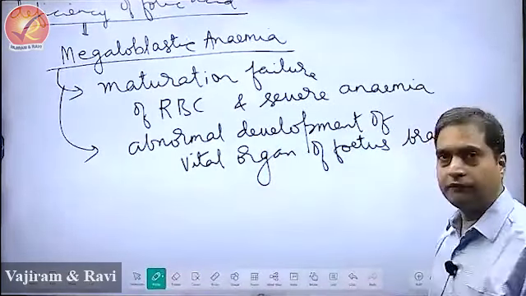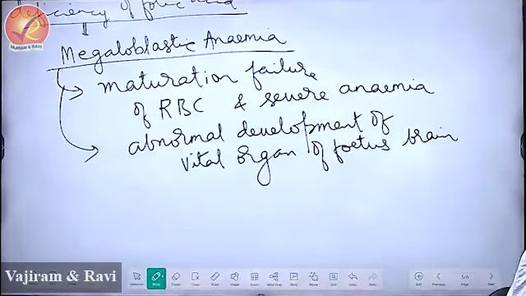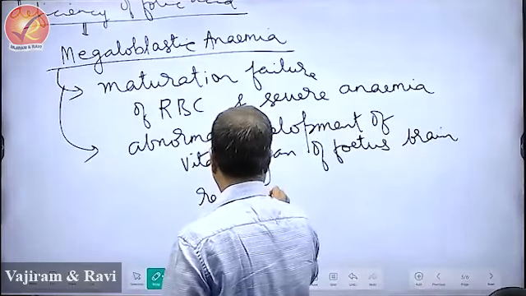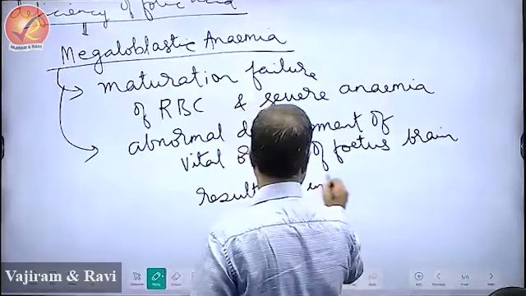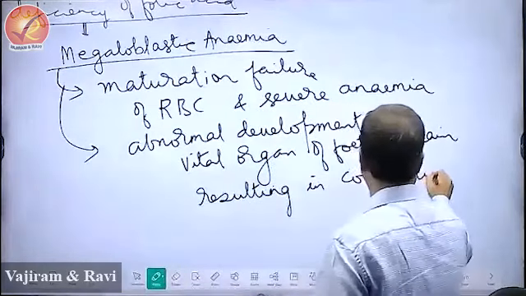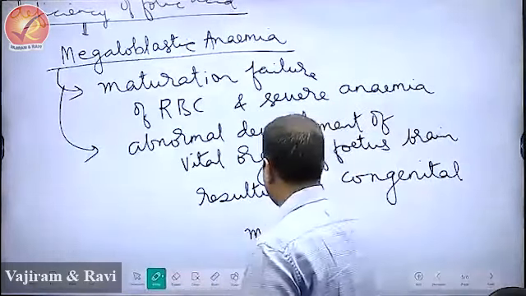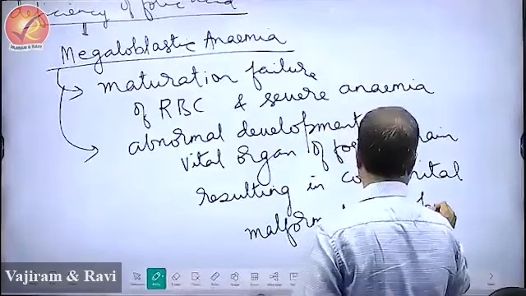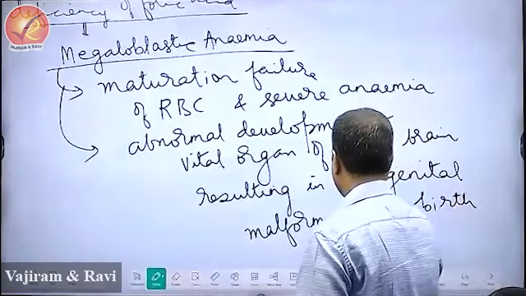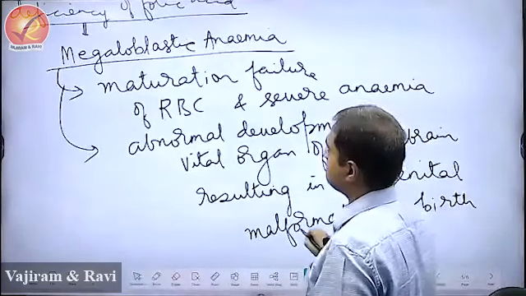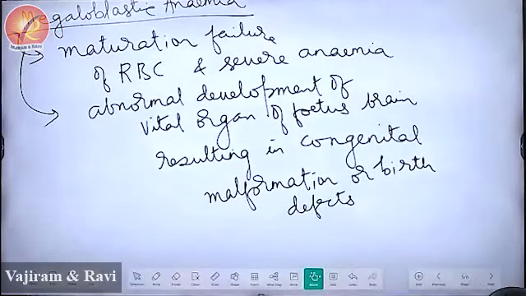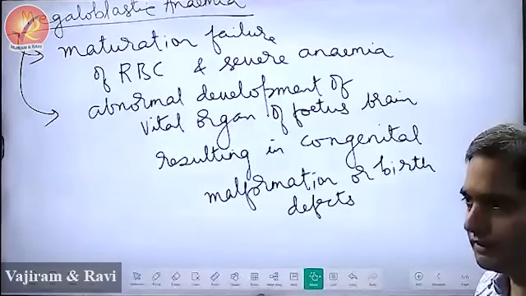Then we can also write abnormal development of vital organs of the fetus, including brain, resulting in congenital malformation or birth defects. So it can result in what? Birth defects in the child. Birth defect here means congenital malformation.